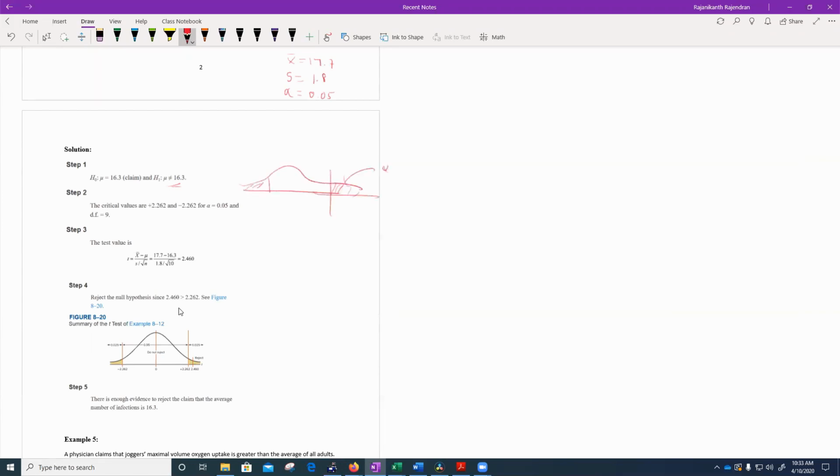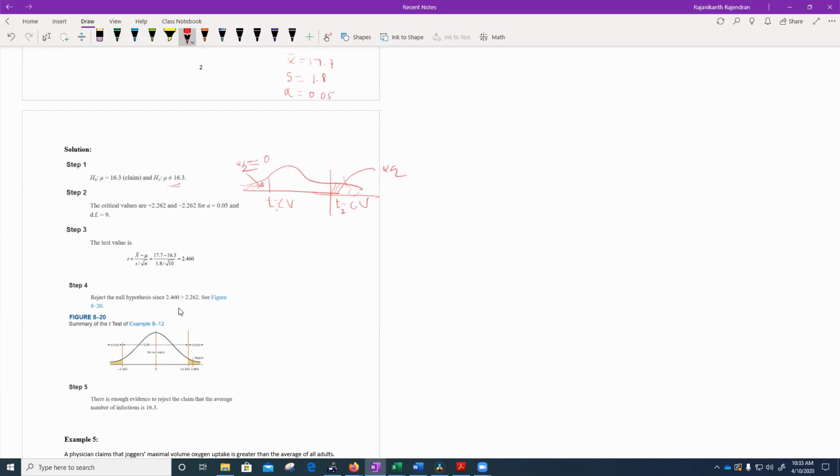So this is my alpha over 2. If you find these critical values, let me call them T1 and T2, two different values with different signs.